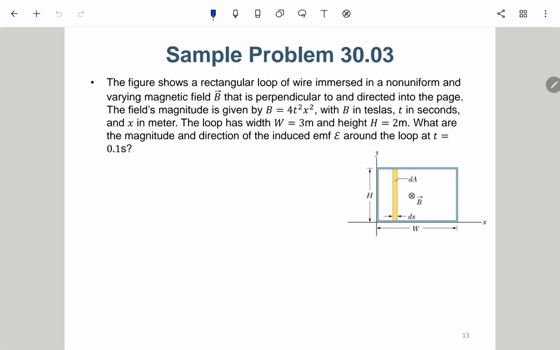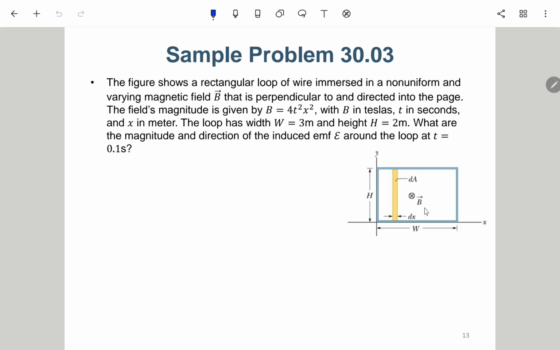Okay, so here we have another sample problem. It says the figure shows a rectangular loop of wire immersed in a non-uniform and time-varying magnetic field that is perpendicular to and directed into the page.